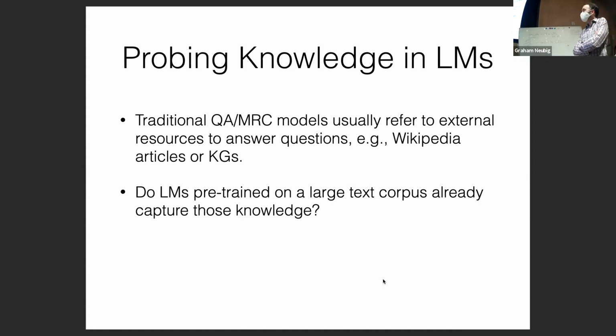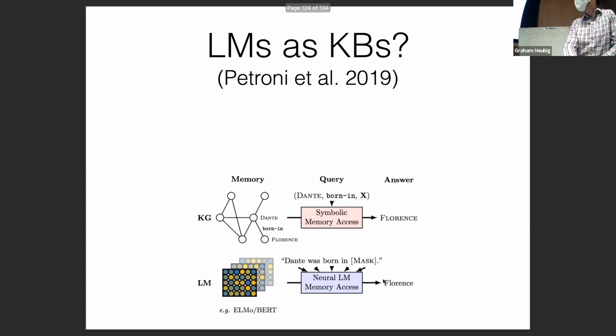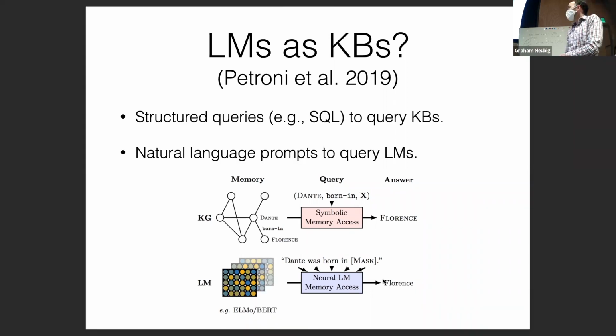So traditional question answering and machine reading comprehension models refer to external resources to answer questions. But we'd also like to know, do LMs pre-trained on a large text corpus already capture the knowledge that might be available in a text corpus? The most famous work examining this is the LAMA corpus, or this LAMA data set.